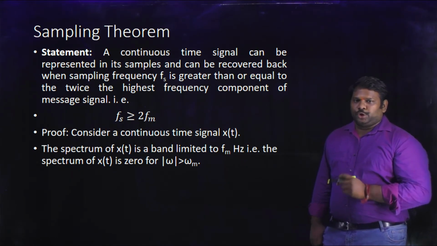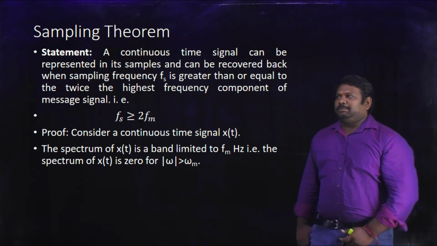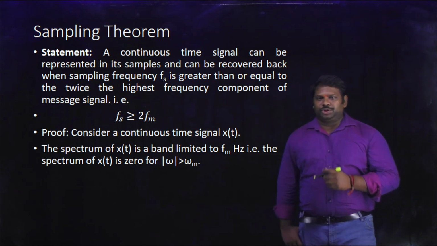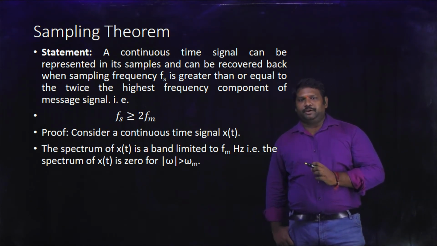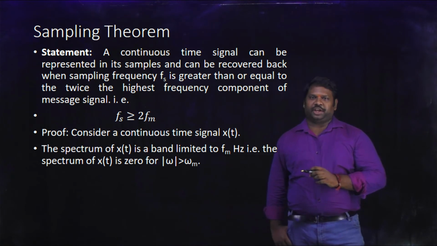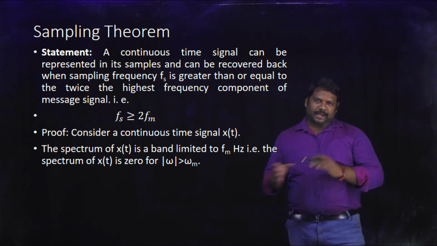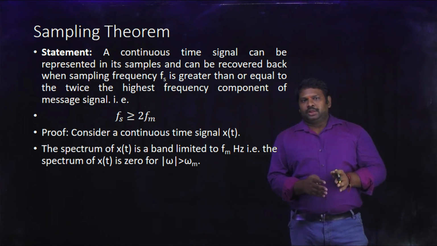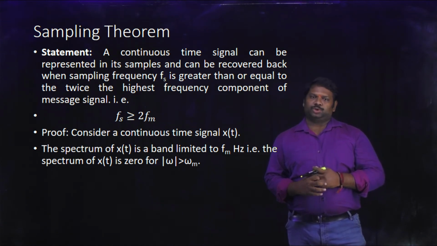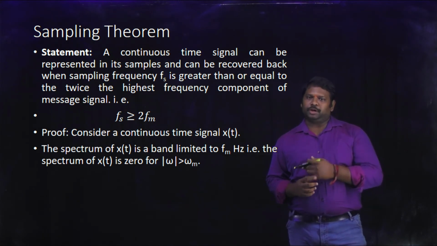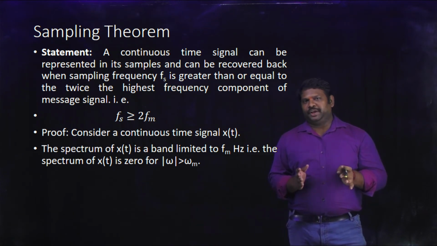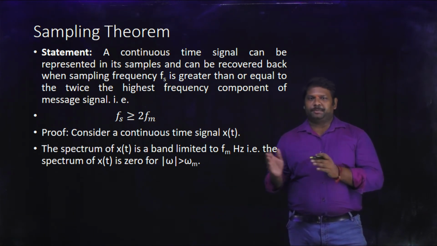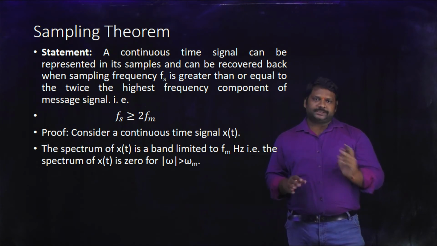Next, now the sampling theorem. Sampling theorem is the process where we consider a continuous time signal which has been sampled into a particular discrete time signal. Then after the sampling process, again we need to recover the continuous time signal from the samples. This entire process is stated in a particular statement called the sampling theorem.